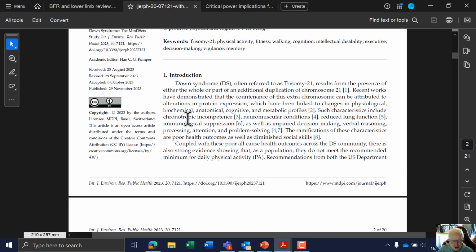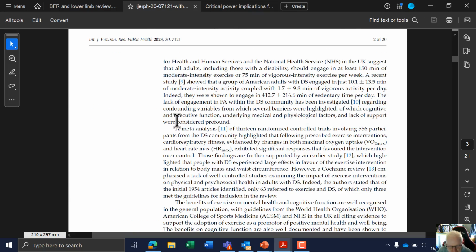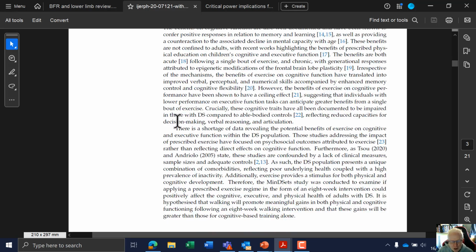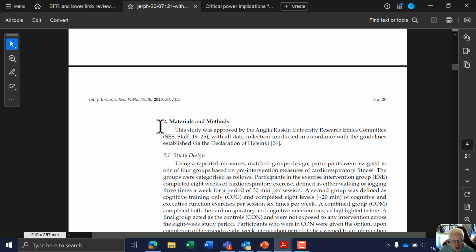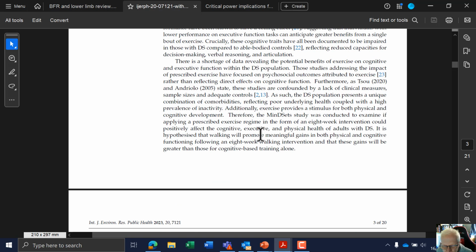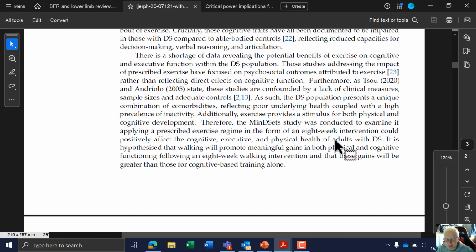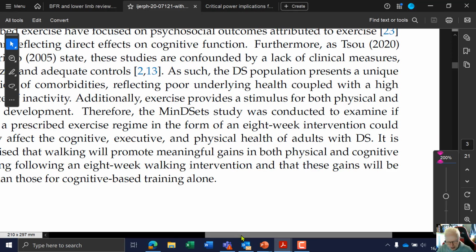So we go into the introduction and we read the introduction. And what you want to do is ask, okay, can I summarize what it is they wanted to know? We can probably get to it here, if we scroll down a little bit. We've got a bit about the Down syndrome population here. If I zoom in a bit, make it easier for us all to read, maybe that might help.